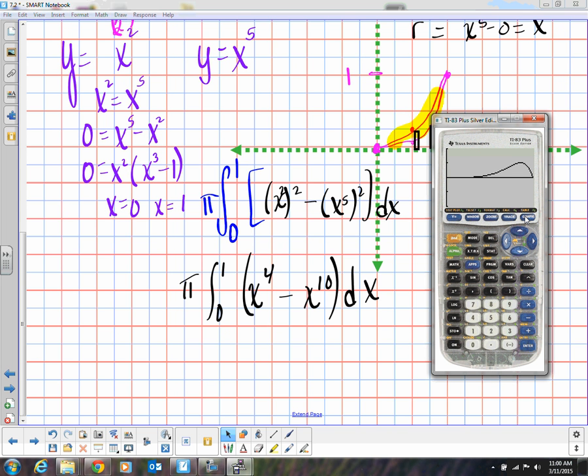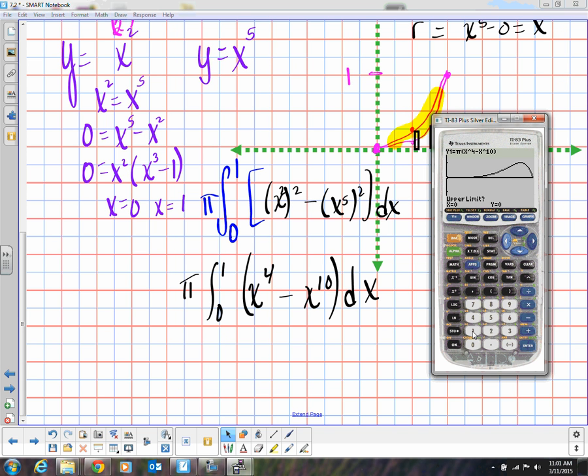Okay. So now what we're going to do is hit second, trace. Trace is next to the graph key. Do you see number 7? We're going to choose number 7. What does it ask us for? What is the lower limit? 0, and then we hit enter. What does it ask us for now?